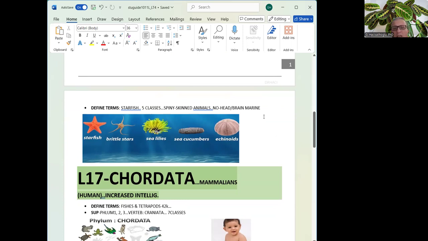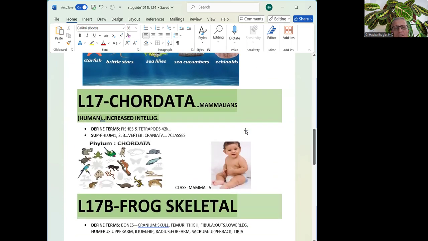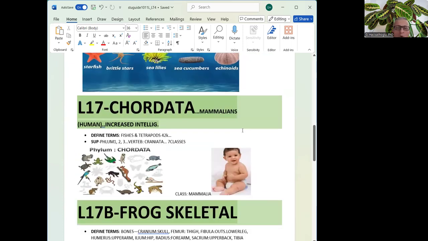Make sure that when you see it, you can identify it. Labs 17 and 18 are all about chordates, which includes mammals. Of course, we humans are also part of this phylum, which is known for specific characters.